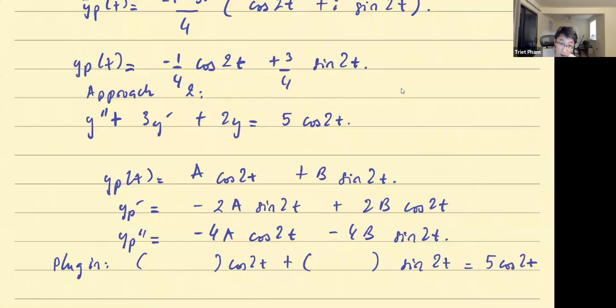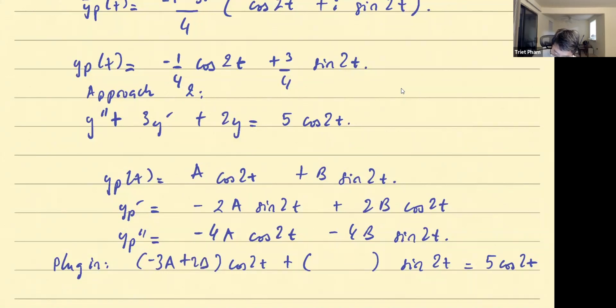So what's the something cosine? Well, you got minus 4a here, plus a is minus 3a, and then plus 2b.